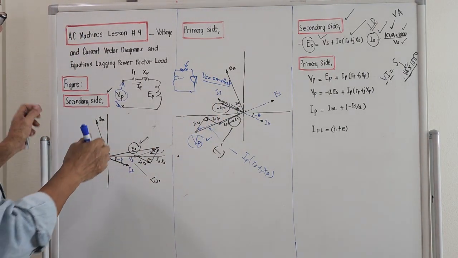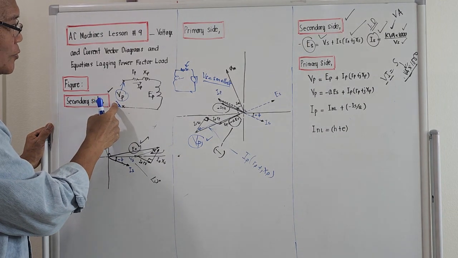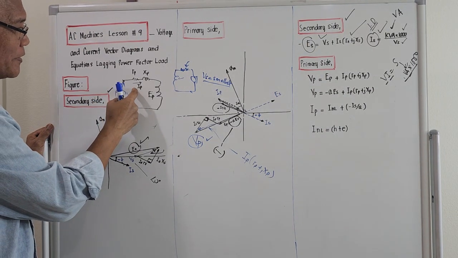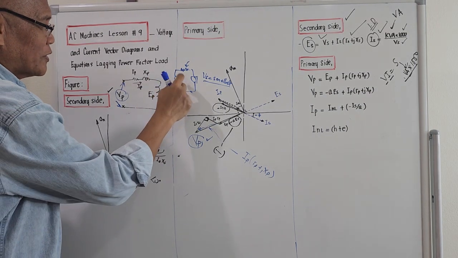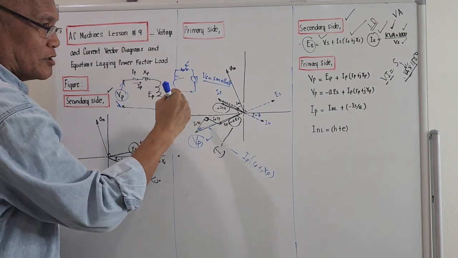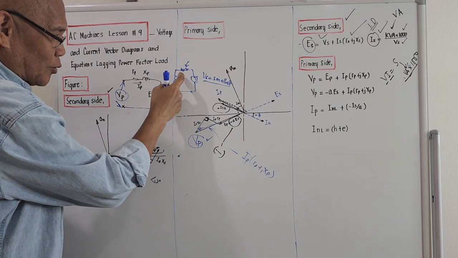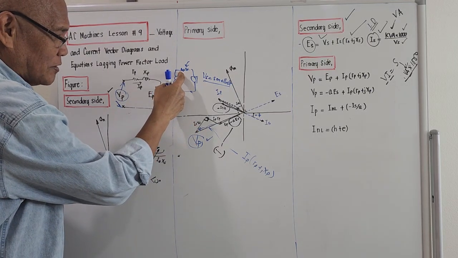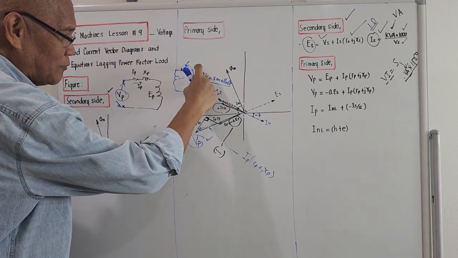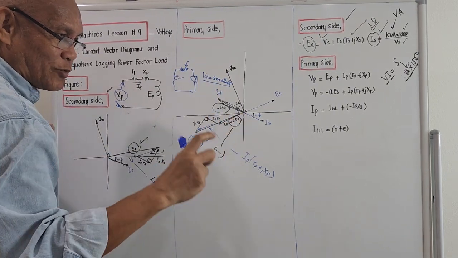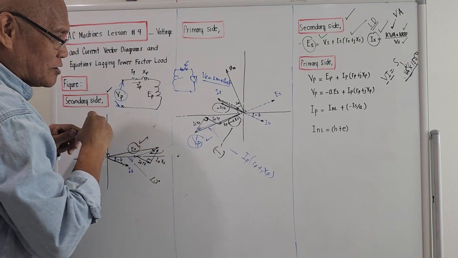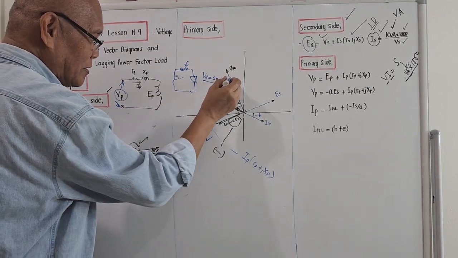The big one should be less by the product IP times RP and XP. This becomes smaller and will be transferred to the secondary due to the ratio of transformation. There will again be a drop over here. So what comes out here is the voltage across the secondary, or voltage across the load. That's the one we are using, and this is actually the smallest voltage.